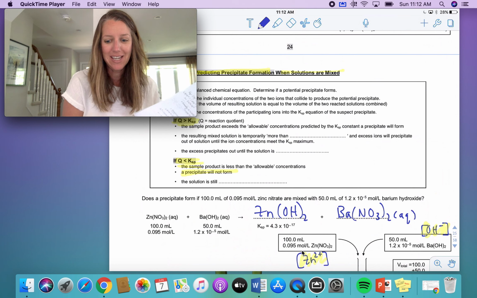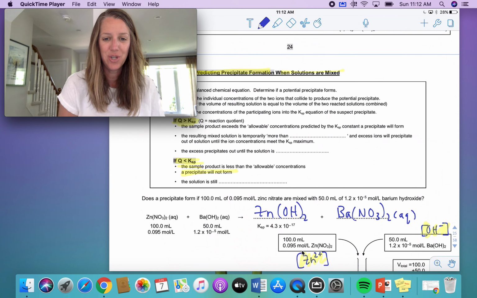So just do as much or as little as you think, and I think this will make sense, but it's a little bit tricky because we're going to start adding on to our Ksp. So we're back to Ksp, and now we're going to look at what would happen if you added a salt to a solution and it's not just water. So how is the solubility going to be affected if there's ions in that solution that are the very same ions that you're adding in?